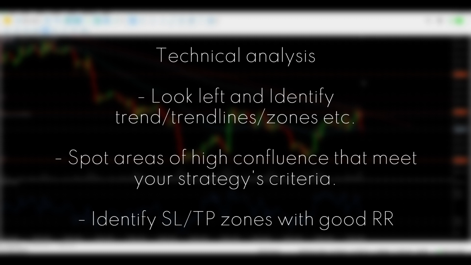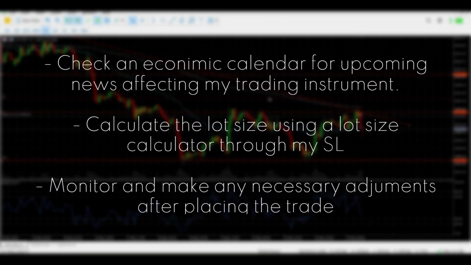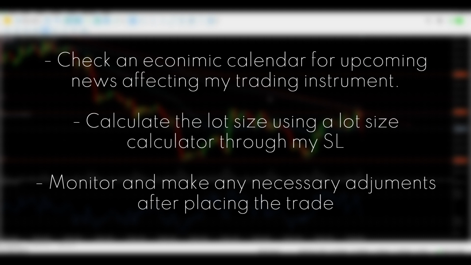So I took this trade and wanted to demonstrate what went through my head before placing the trade. After doing my technical analysis and being ready to place my trade, I have a look at the news, calculate the lot size that I want to be placing, set my stop loss to the areas that I wanted, and wait to see how price is moving after I place my trade, to see if there are any adjustments that I want to be making.